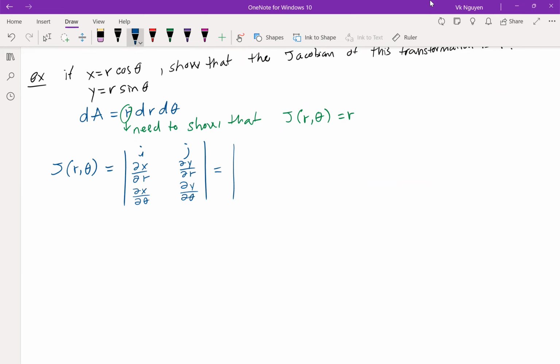Okay, work it out. Taking the partial derivative of x with respect to r, it's just cosine theta.